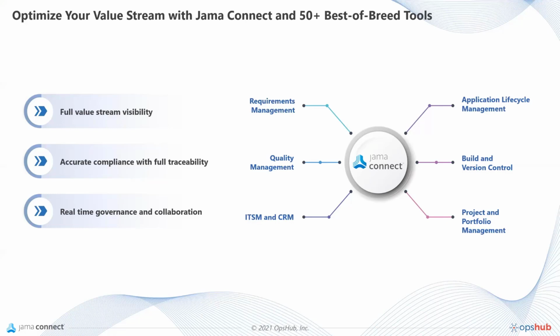And this shows on the right a little bit of how we integrate those different points into Jama Connect, from requirements management, application lifecycle management, quality management, and into project and portfolio management.